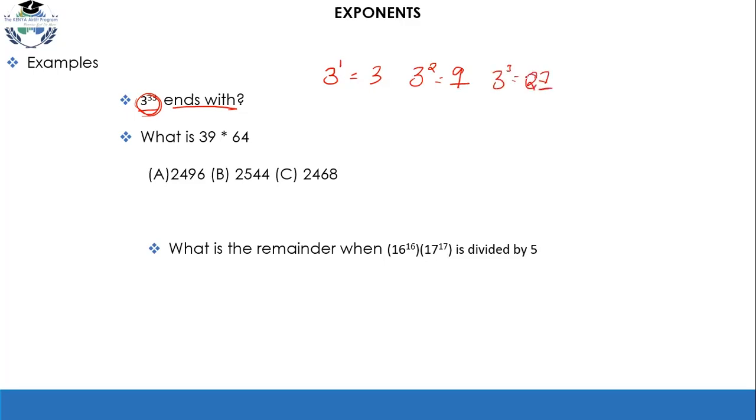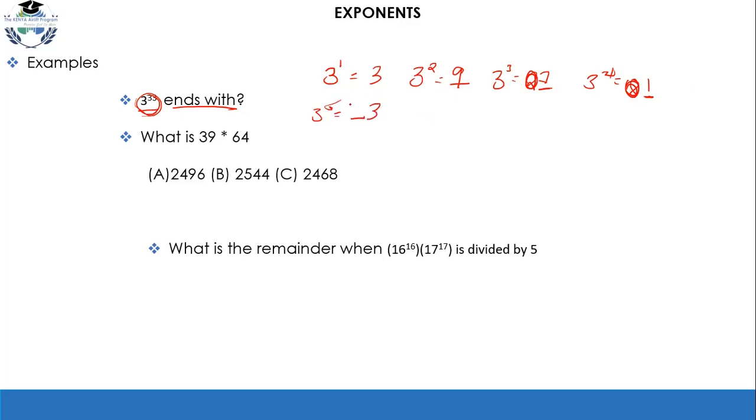I only care about the units digit. And then 3 power 4 is, I believe, 81, because 27 times 3. Again, I only care about the units. So I've already hit 1, 2, 3, 4. So it's never going to be more than 4. So whatever is here is going to repeat itself.